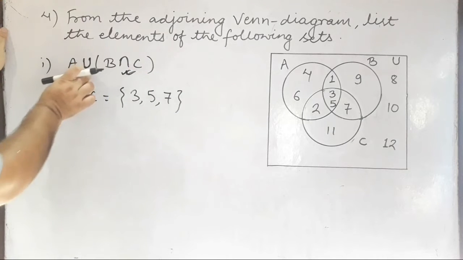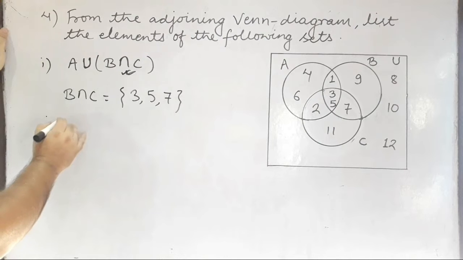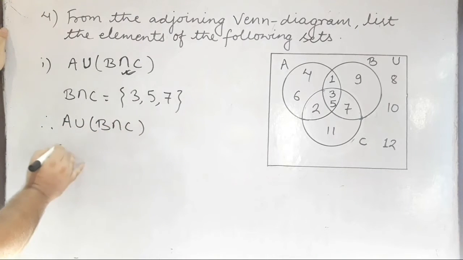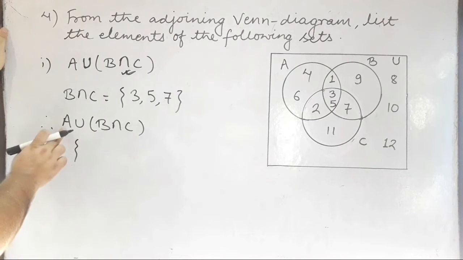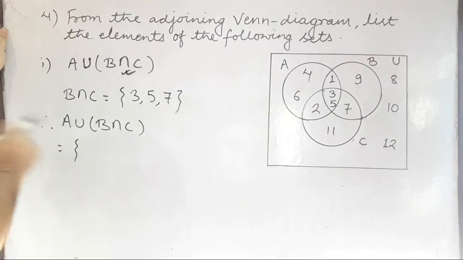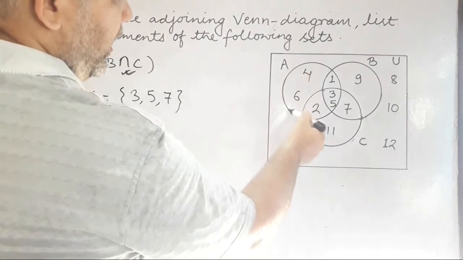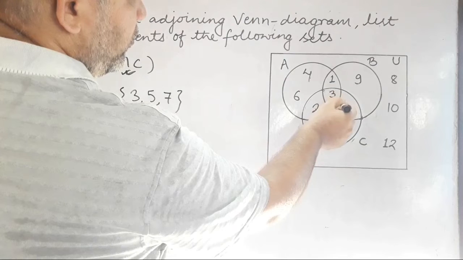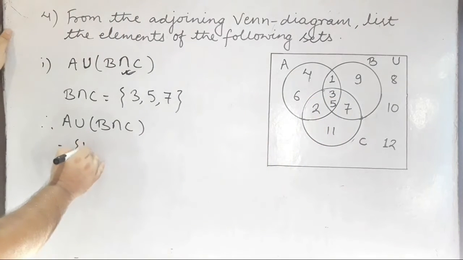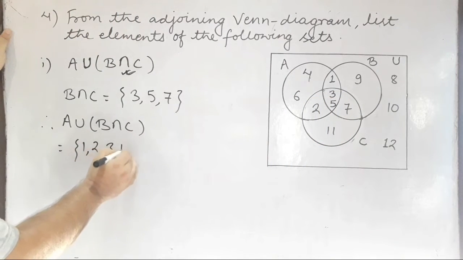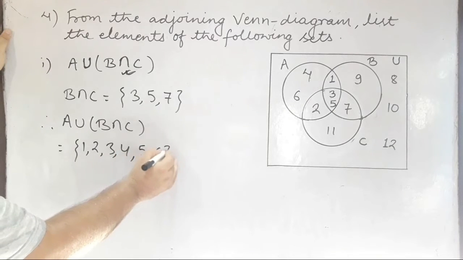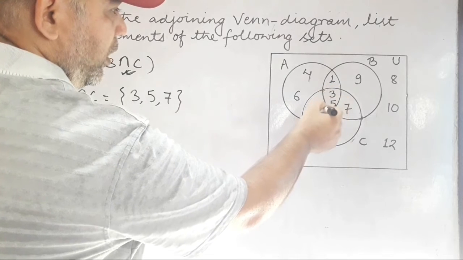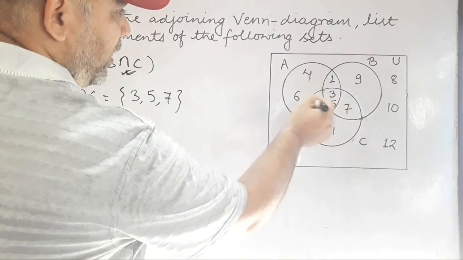Now we will do union with A. Therefore A union B intersection C. What are the elements in set A? Set A has got the elements 1, 2, 3, 4, 5, 6. Focus upon this set A. It has got the elements 1, 2, 3, 4, 5, 6.